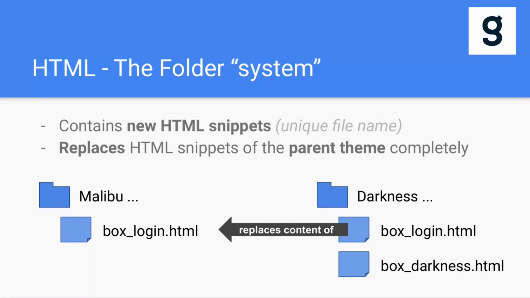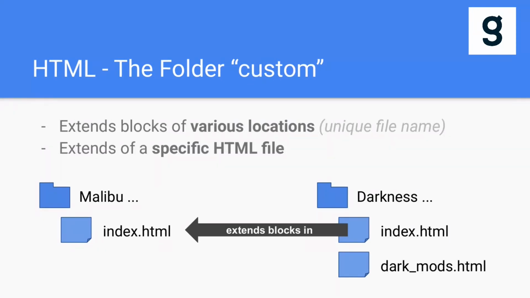The same mechanism applies to HTML snippets existing in Honeygrid, as Honeygrid is the first member of the entire inheritance chain. If we want to replace one HTML file in Honeygrid, we just create in our darkness theme a new HTML file with the exact file name as one HTML snippet in Honeygrid. The custom folder has a different approach. It is used to extend blocks.